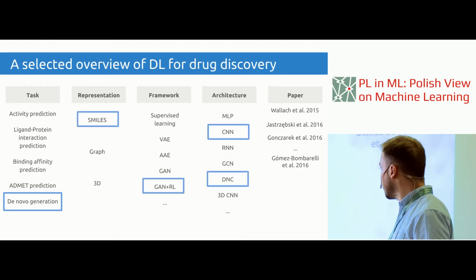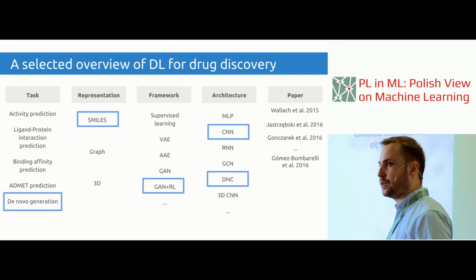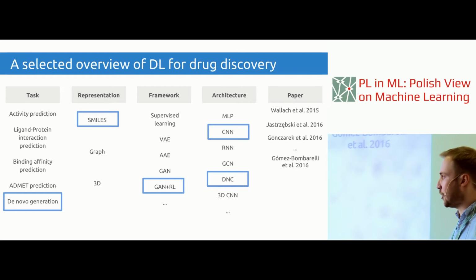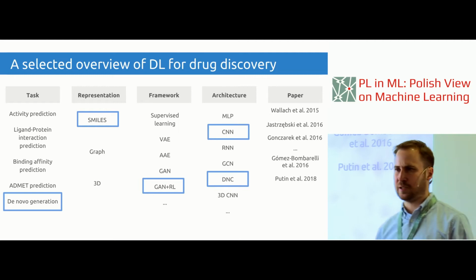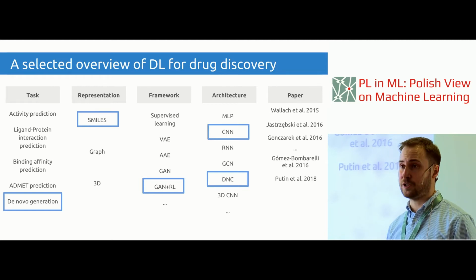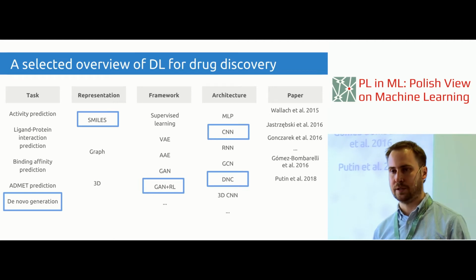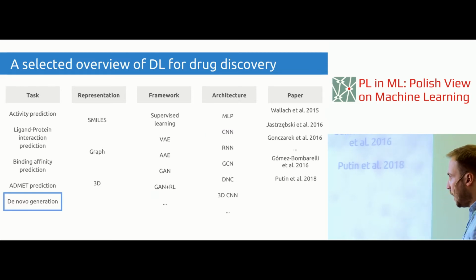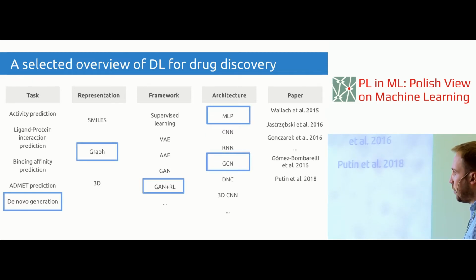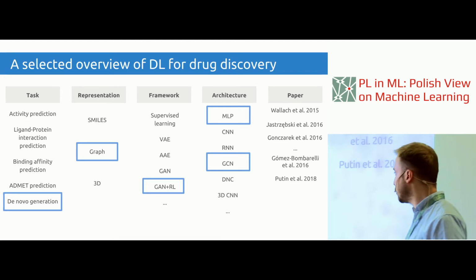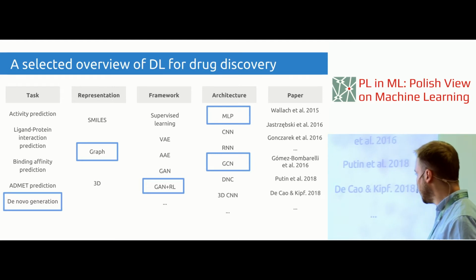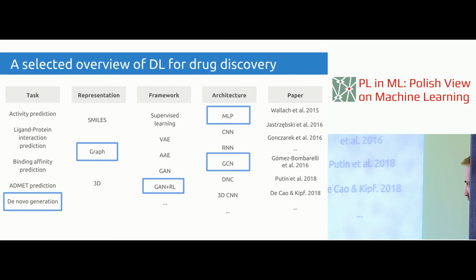This combination, so convolutional neural network and differentiable neural computer as the generator, is actually a paper from this year, and this is, to the best of my knowledge, some kind of state-of-the-art in this problem. And there is also a very nice paper that is using graph representations, also GAN plus reinforcement learning, MOP, and graph convolution neural network by Nicola De Cao and Thomas Kipf from this year.